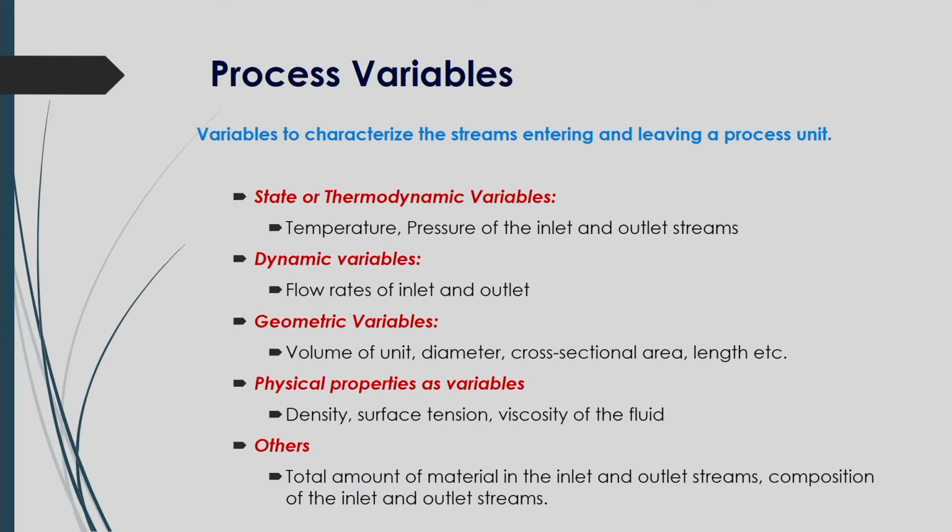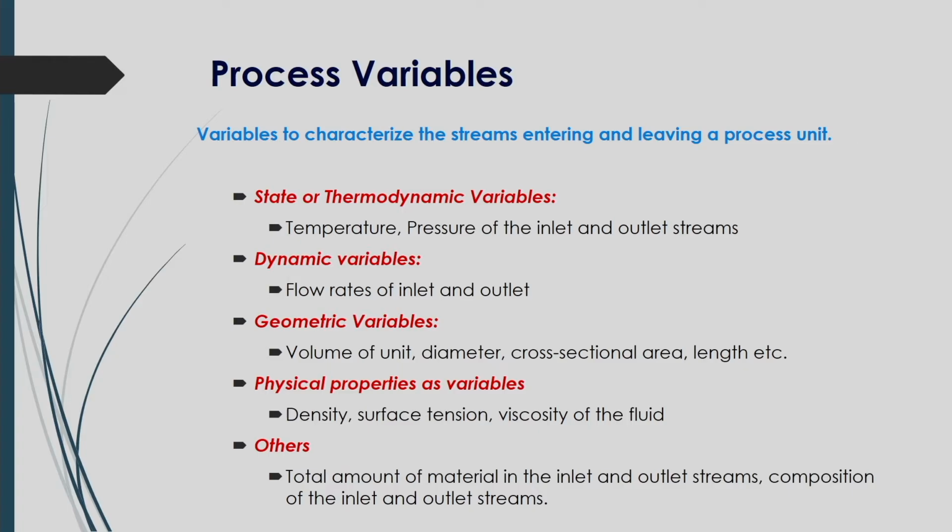So, these variables will be classified in different ways. Some variables will be state or thermodynamic variables, that is temperature. Some processes depend on temperature and pressure also, so you have to assess the process efficiency based on these variables.